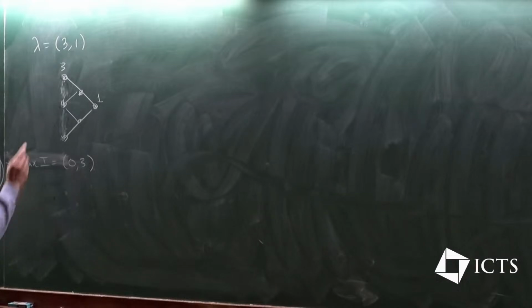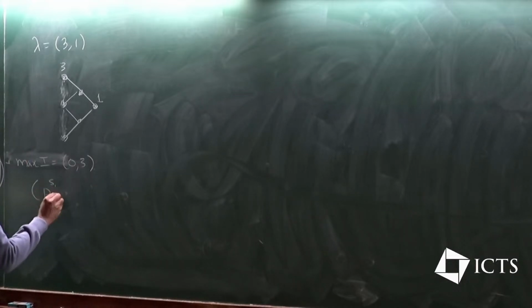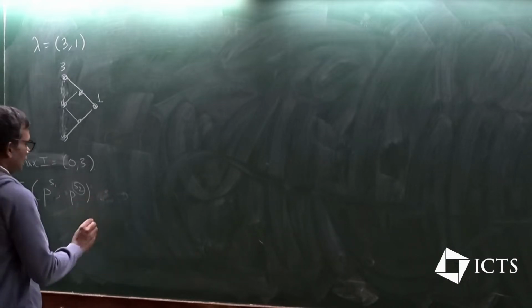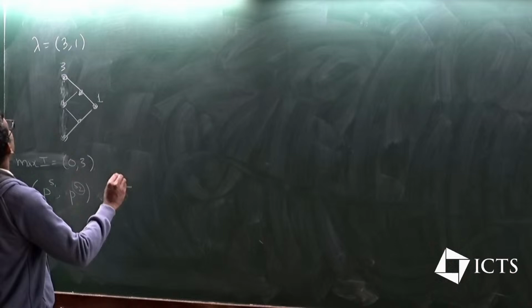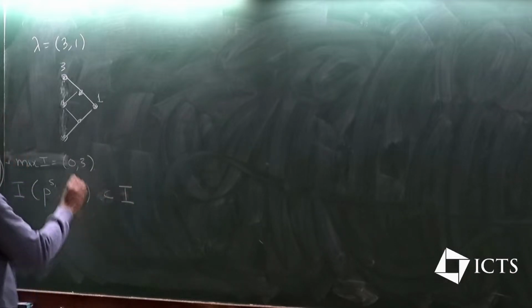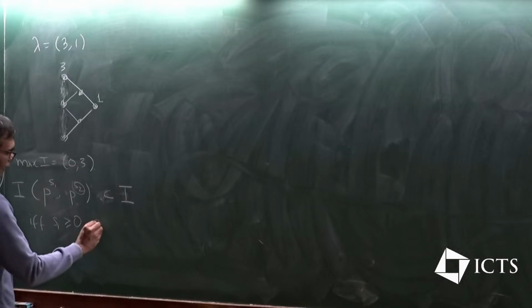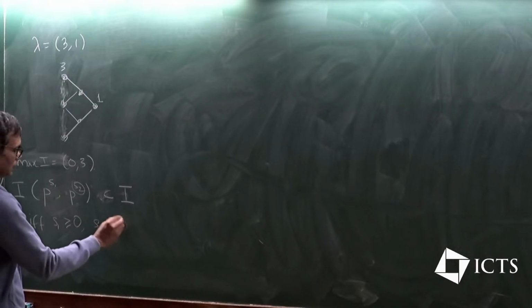And if you look at an element here, it's of the form (p^s1, p^s2). Now, it doesn't matter what this s2 is, it only matters what s1 is. So what we're saying is this element is contained in the ideal I, which is the ideal generated by (0, 3), if and only if s1 is greater than or equal to 0 and s2 is greater than or equal to 0.